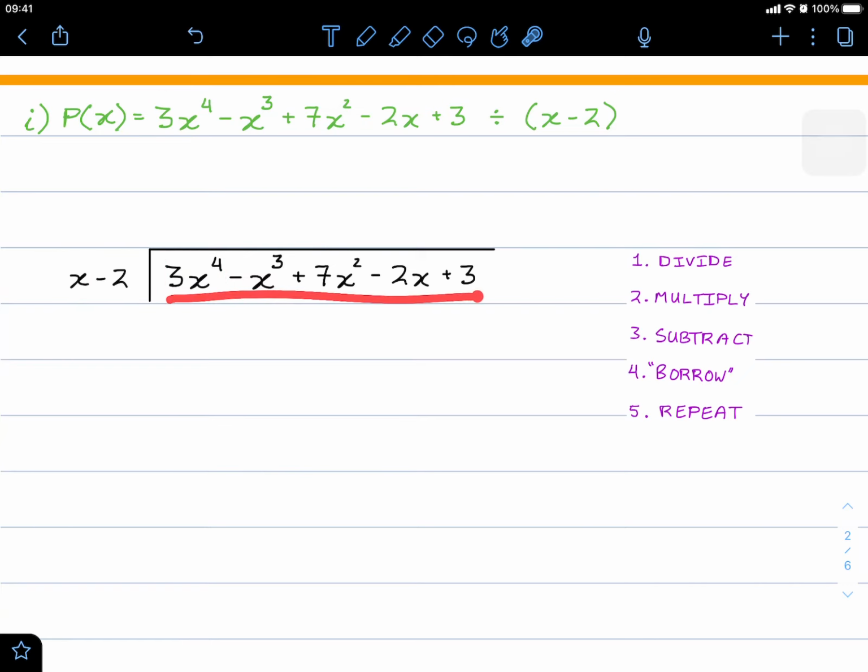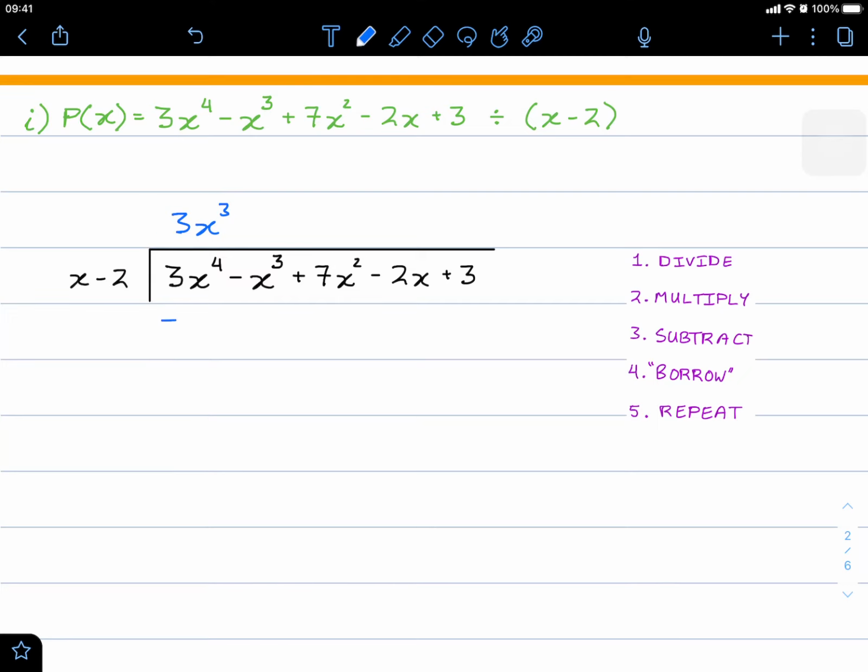Remember, dividend, divisor. So 3x to the power of 4 divided by x, well, that's just 3x cubed. First step done.